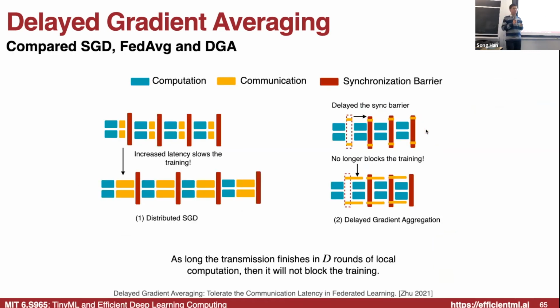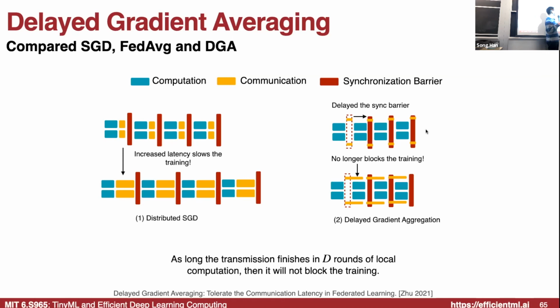All right, so this is a comparison between conventional SGD versus delayed gradient aggregation. Previously, if you increase the communication, which is shown in yellow, the total training time will be longer. But with this new method, we can tolerate the latency since we are delaying the update from here to here.